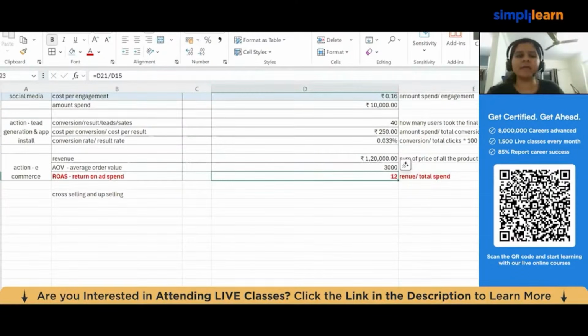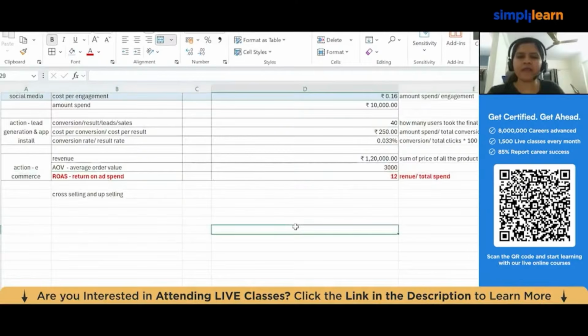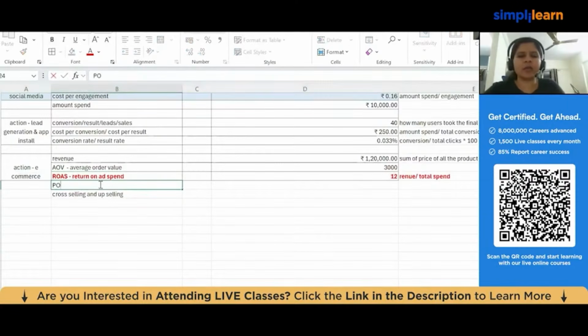And the e-commerce brands won't tell you to go blindly spend my money. They'll give you a return on ad spend target, that whatever ads you're running, we need a basic return of 5x or 10x or whatever they want. Make sense?